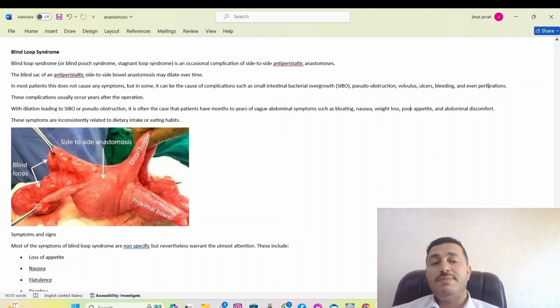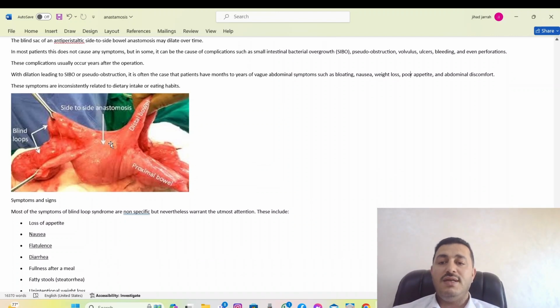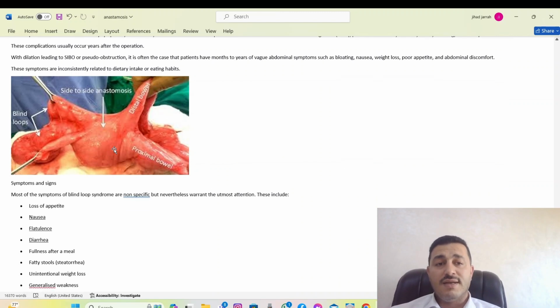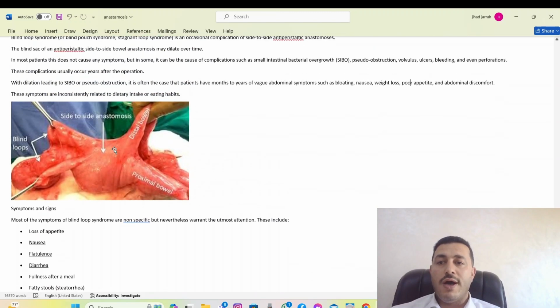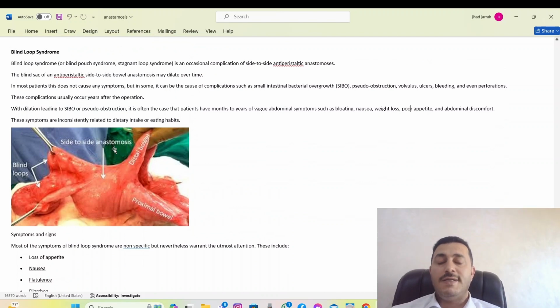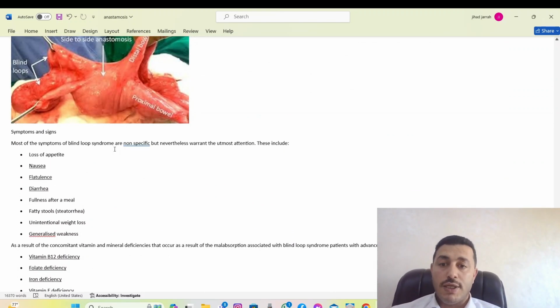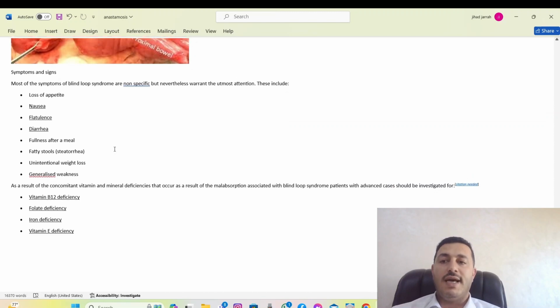These are non-specific manifestations for the blind loop syndrome. As you see here, we have dilatation, proximal and distal, due to side-to-side anastomosis. The symptoms, as I said, are vague and sometimes require CT, capsule endoscopy, push endoscopy to diagnose.